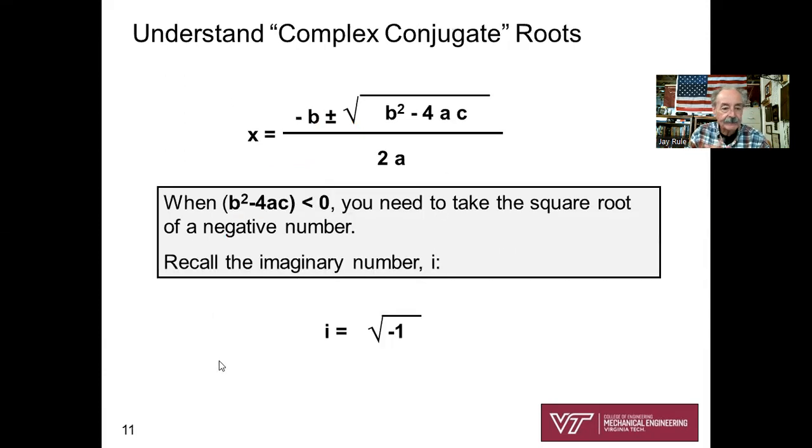So this slide only depends on when b squared minus 4ac is less than 0. You have a complex conjugate pair of roots, because b squared minus 4ac is a negative number, you'll pull out i. And so you have negative b plus i times some number, all divided by 2a. And the second one will be negative b minus i times some number, all divided by 2a.